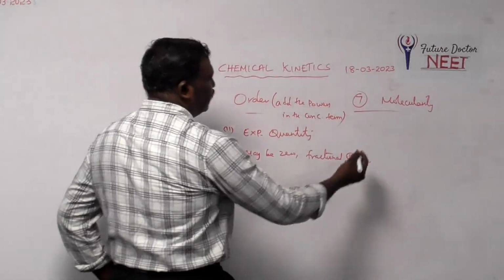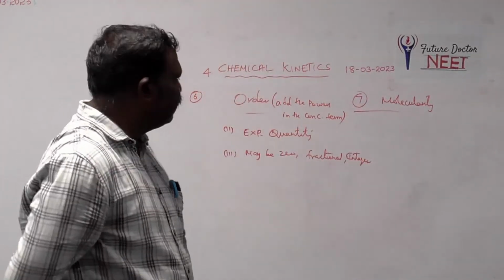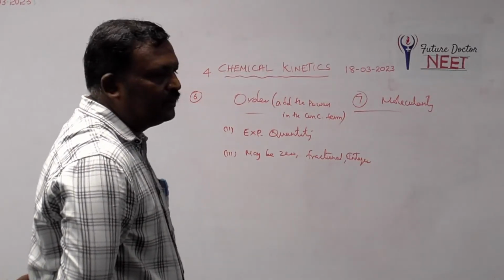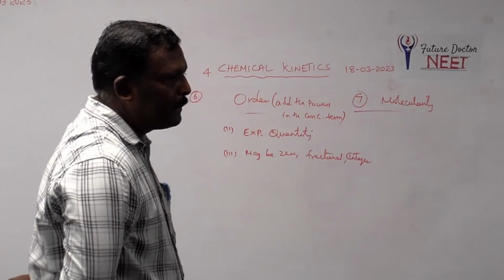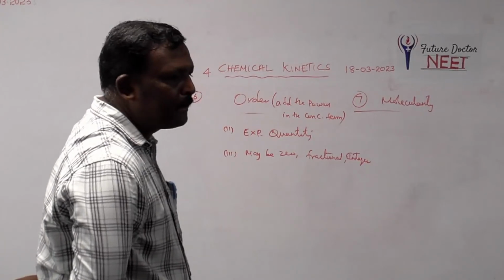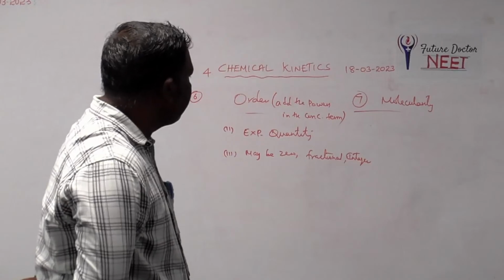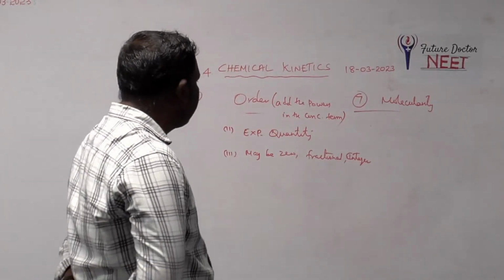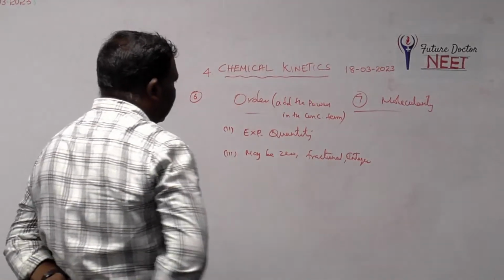See here, now come to the right hand side. Write fast: maybe 0, fractional or integer. Now come to the right hand side here.